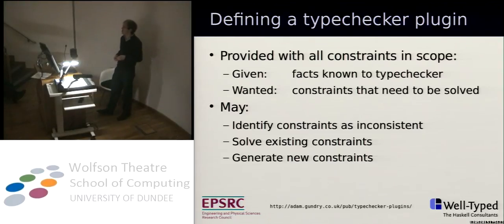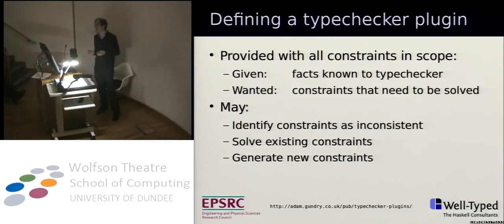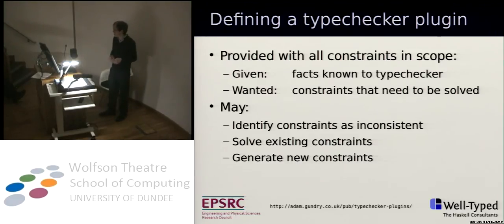They're given all the constraints that are in scope after the basic GHC Typechecker constraint solving process is finished. So that's some given constraints that the Typechecker knows hold at a certain point, and some wanted constraints that it's trying to solve for, the goals of the proof search process, if you like.